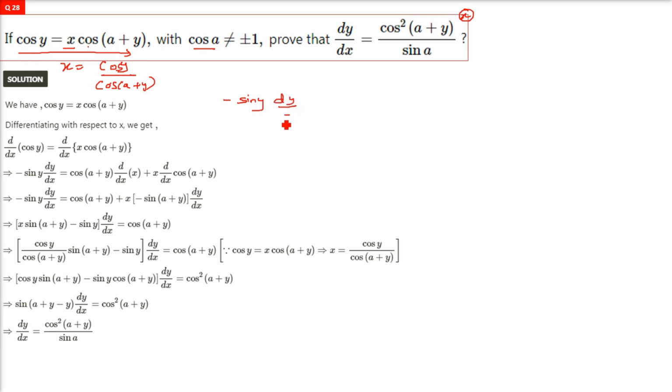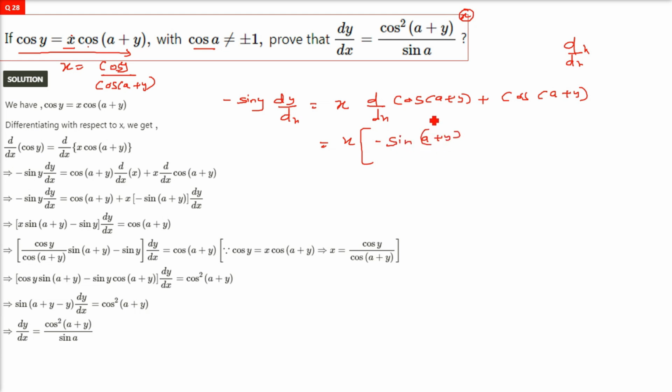So cos y differentiation is minus sin y times dy/dx. On the right hand side, x cos(a + y), we'll use the product rule: x times d/dx of cos(a + y), plus cos(a + y) times d/dx of x, which is 1. So we have x, and d/dx of cos(a + y) is minus sin(a + y).